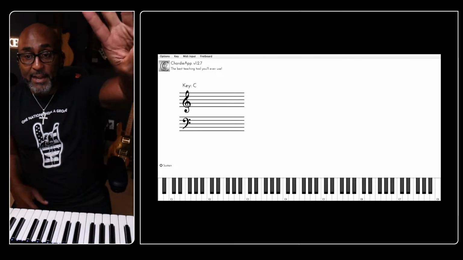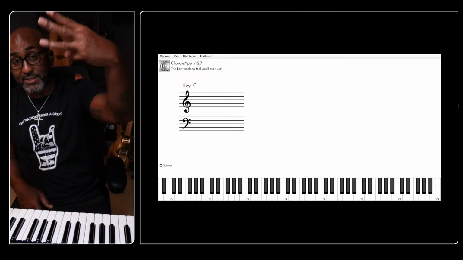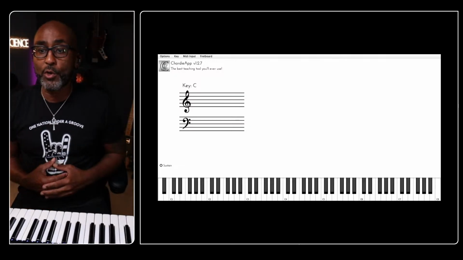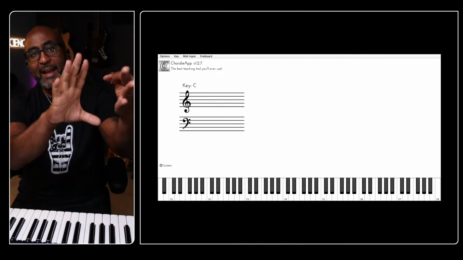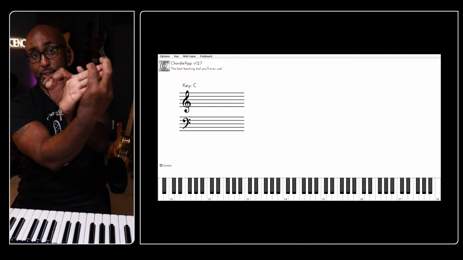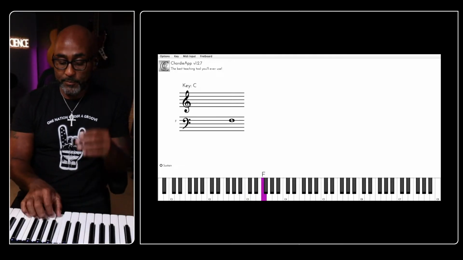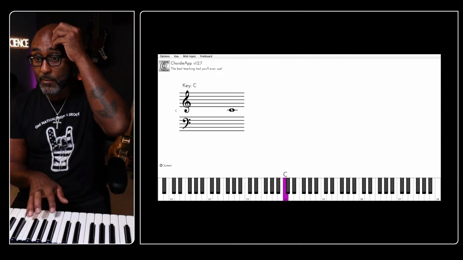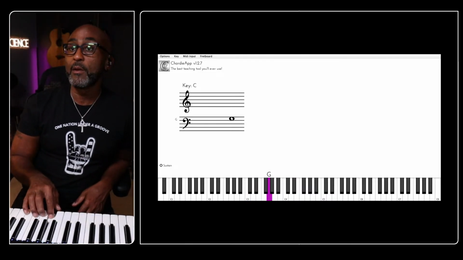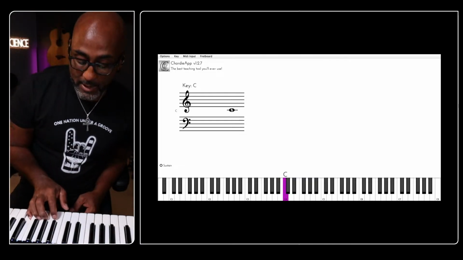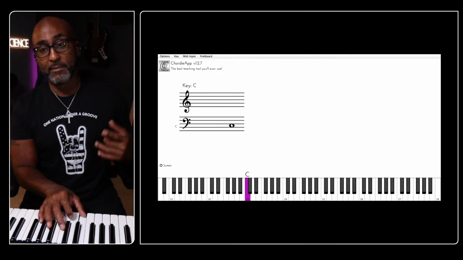A triad is a 3-note chord, okay? As the name suggests, a triad is a 3-note chord that is built from the 1st, 3rd, and 5th degrees of a scale. So there's the key of C major. Let's say I go, there's C, that's 1.